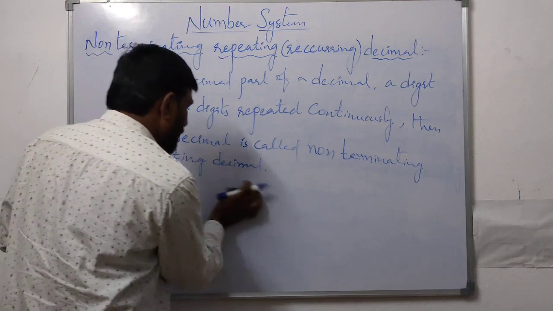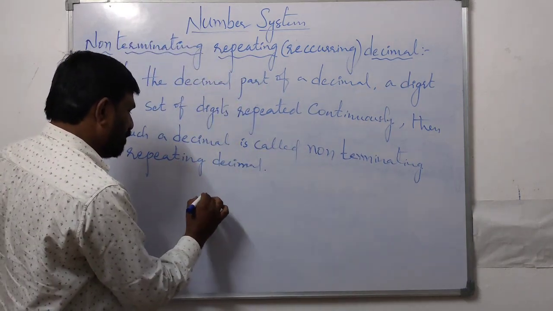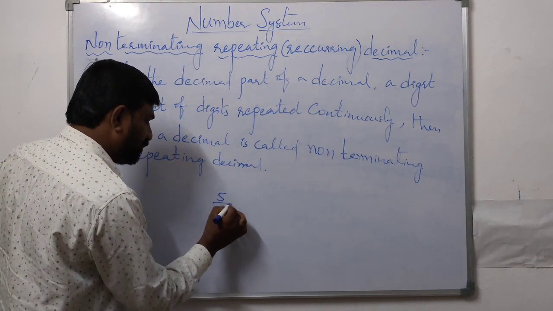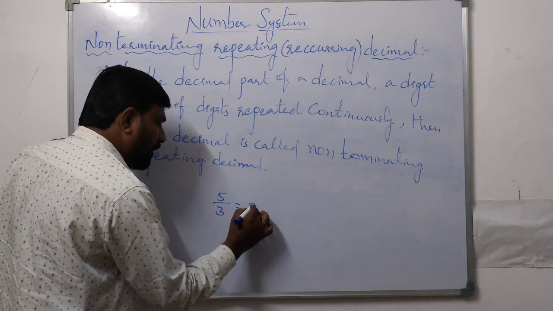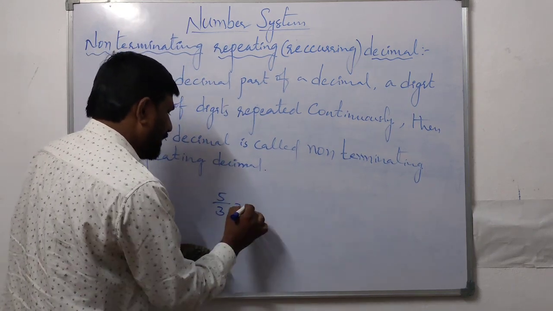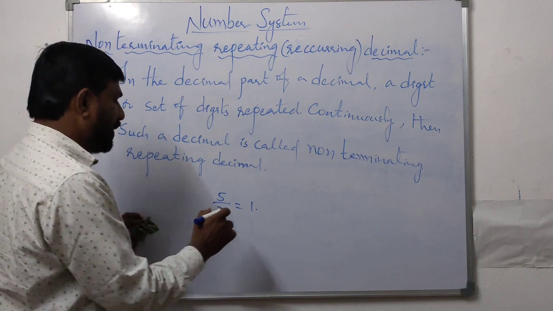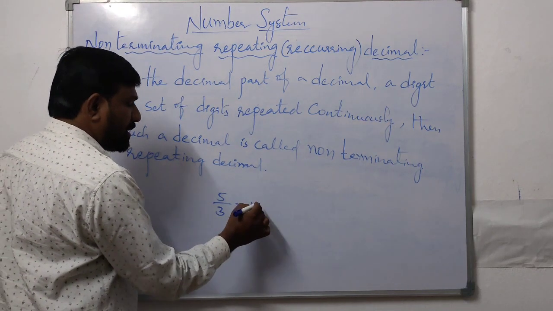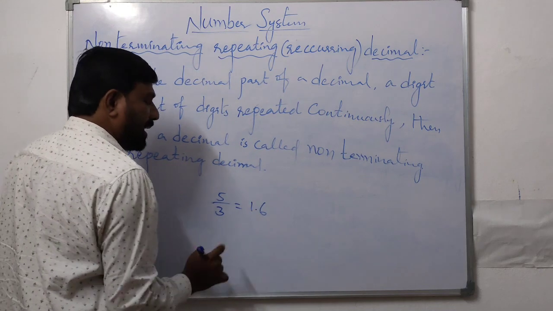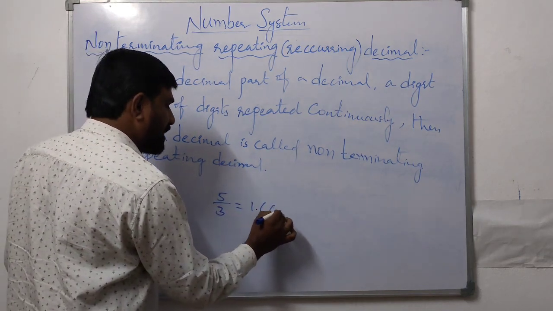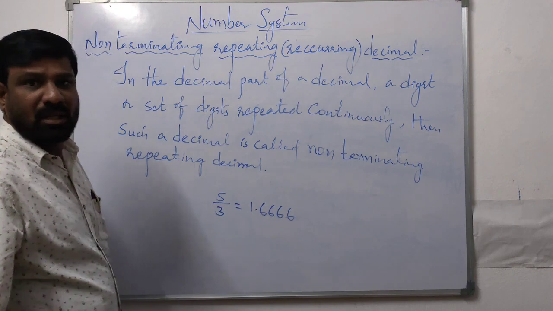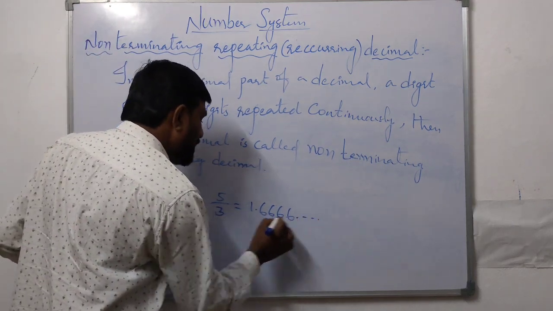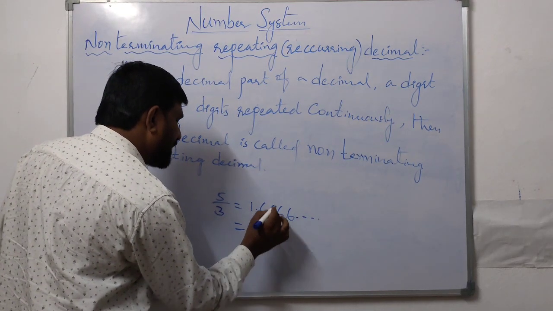Now let us see an example, 5 by 3. If we divide 5 by 3, 5 ones are 5, and 20: 3 6s are 18, again 2 will be the remainder, 20, 3 6s are 18, and so on. This can be written as 1.6 bar.